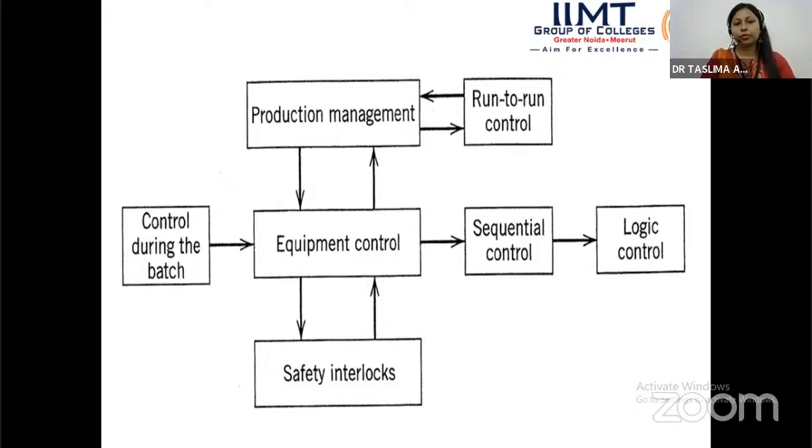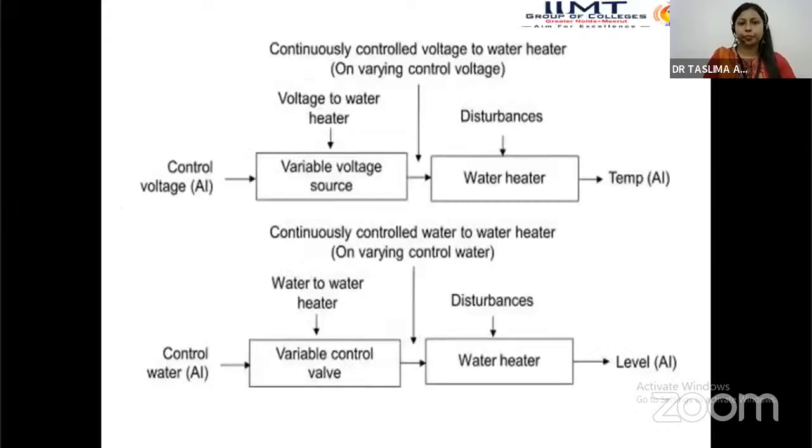And also we have to focus on safety interlocks, because different equipment is controlled by different processes, and those processes use some security system. That's why we have to see this safety interlock also.